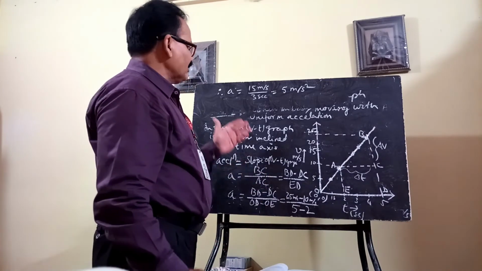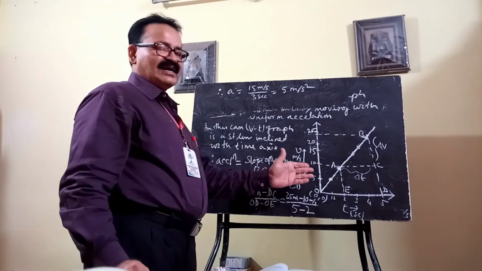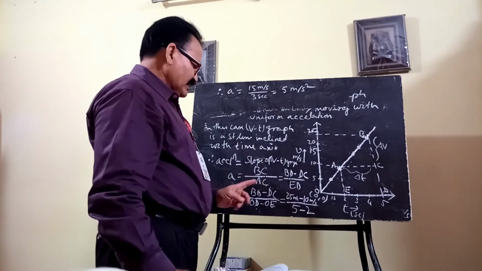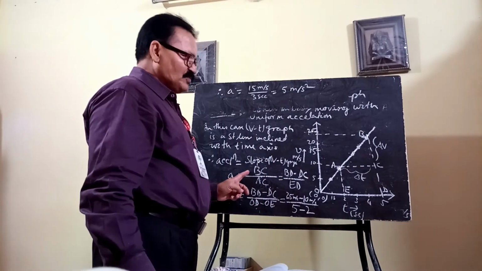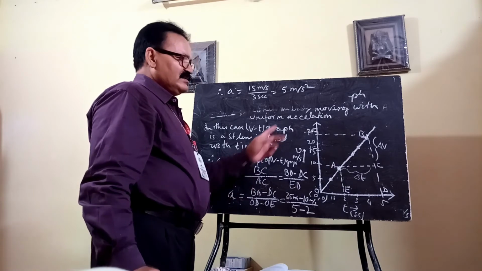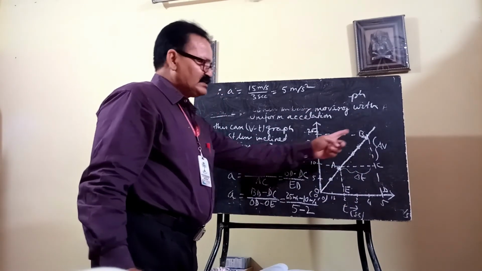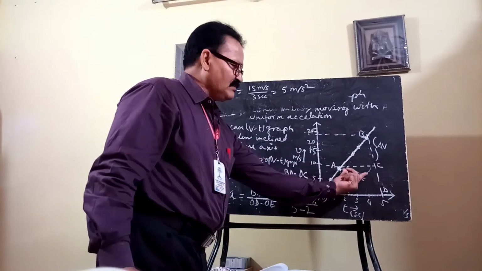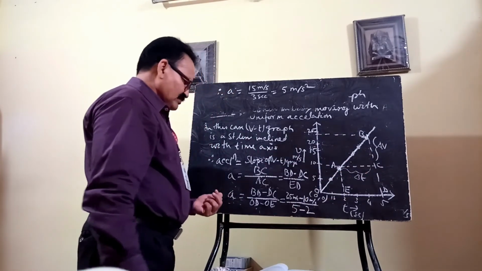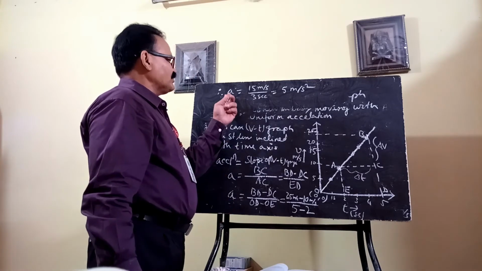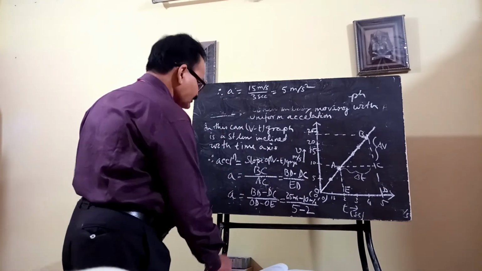So you can take out the acceleration from the graph by finding the slope. For finding the slope, you have to take 2 points, and the difference of the abscissa as well as the ordinate, that is the difference of the vertical column by the horizontal column, will give you the slope, and that will help to determine the acceleration.